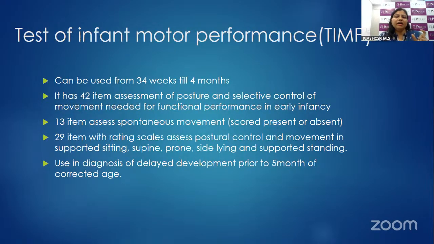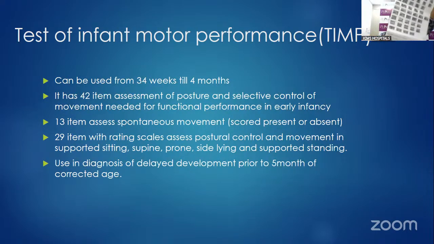So basically you are checking the performance of the child's motor movement. Then it has 13 items which are spontaneous movement. You don't have to score it, it's just yes or no. Okay.